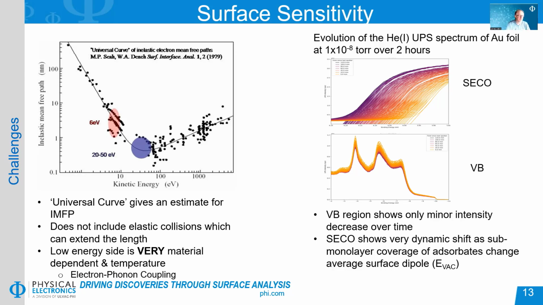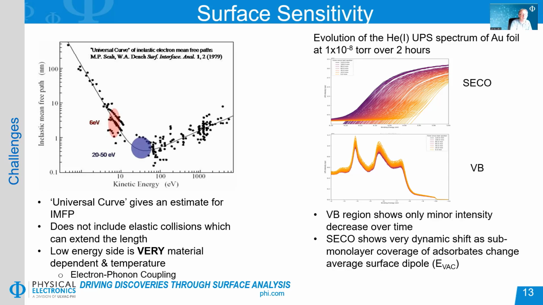So this means that we are often sensitive to small contamination on the surface because it changes the local dipole and electric fields. And we're sensitive to changes that might not even be visible under XPS. And to give an example of this, this is showing the evolution of the secondary electron cutoff and the valence band region of a UPS spectrum of silver, taken over time, over about 2 hours, in a chamber that has a background pressure of around 1 × 10⁻⁸.